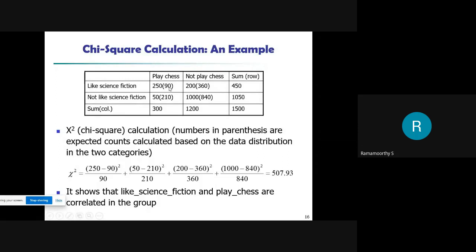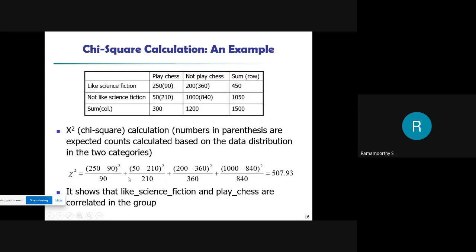It is expected that only 90 will play, but here the number got increased to 360, while the number is 200 in this case. It is reduced. Once again you see 210 in this case, but the observed is 50, and 840 in this case, where the given value is 1000.